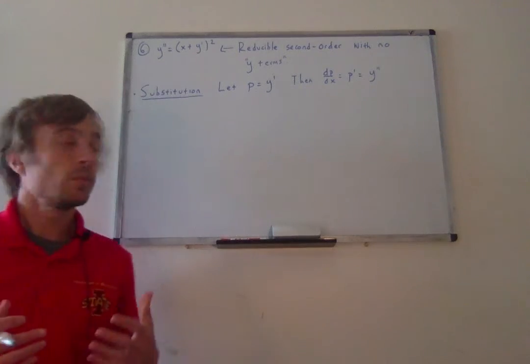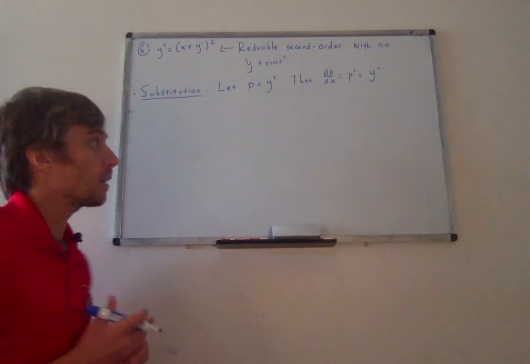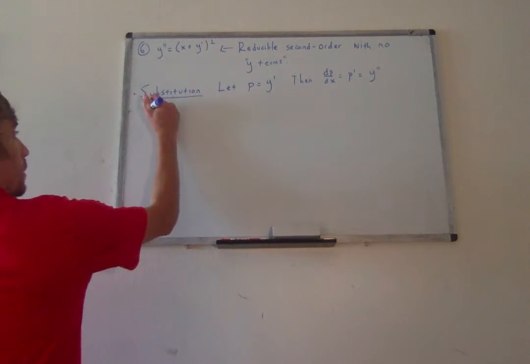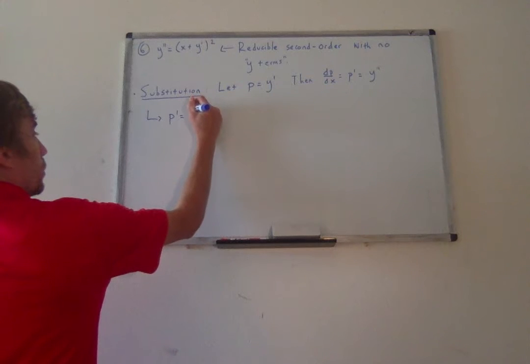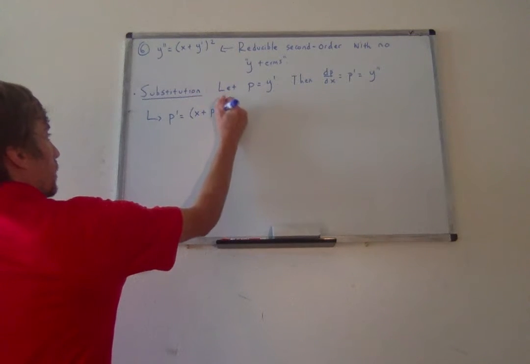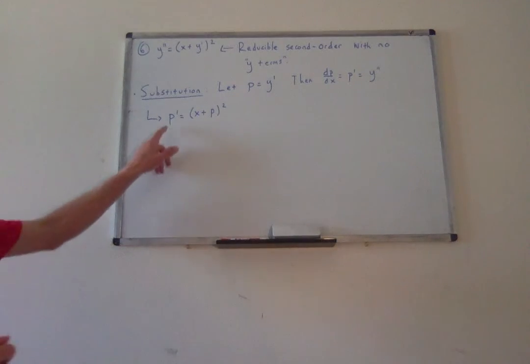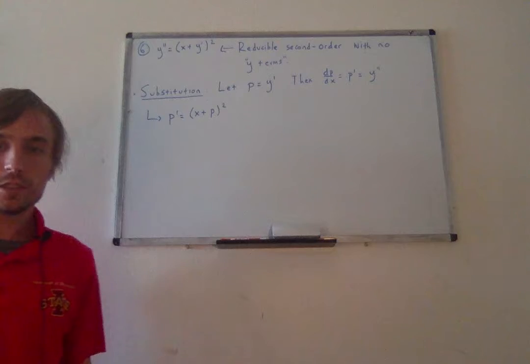Well, it transforms this into something that we're a little more used to looking at. So doing this, we get that p prime is equal to x plus p quantity squared, where here p prime is just dp dx.